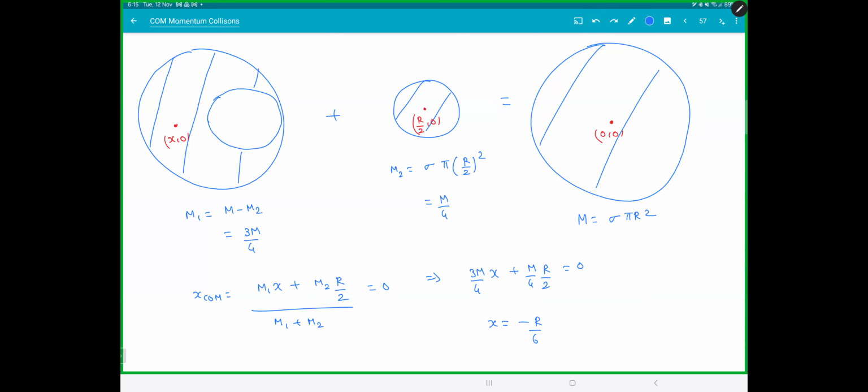Now, can you try for the solid sphere? This is for the first part. What is the question?